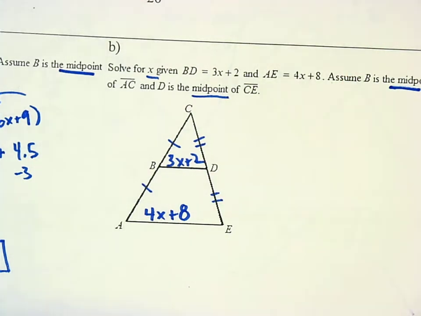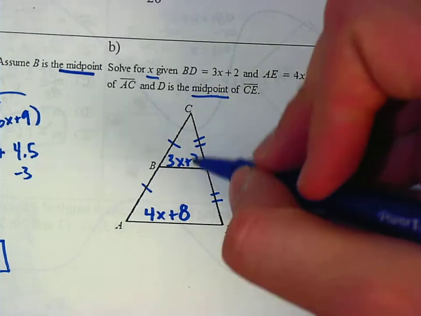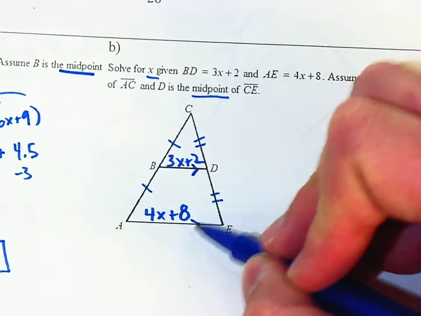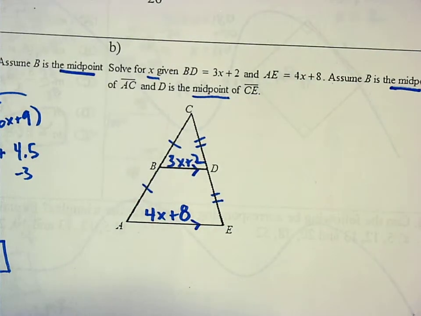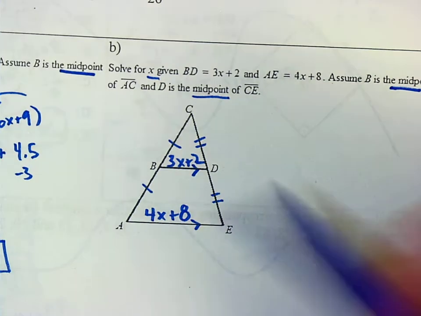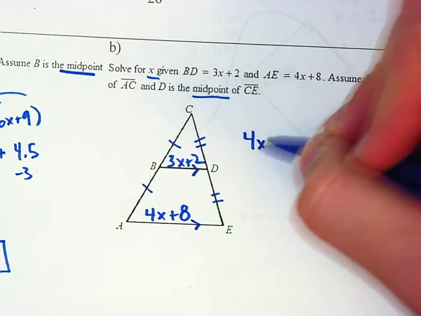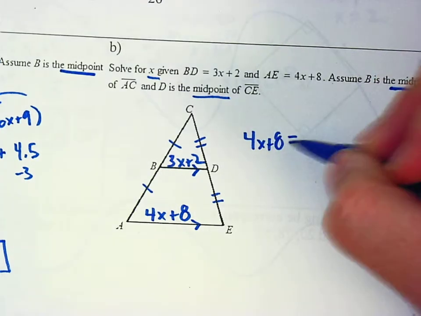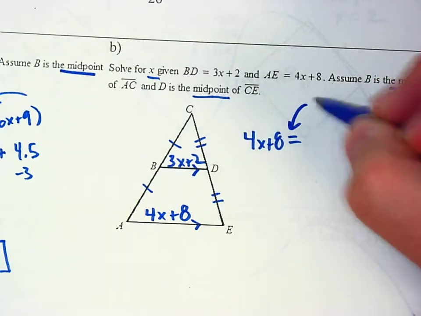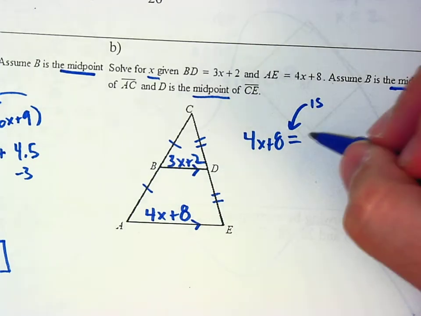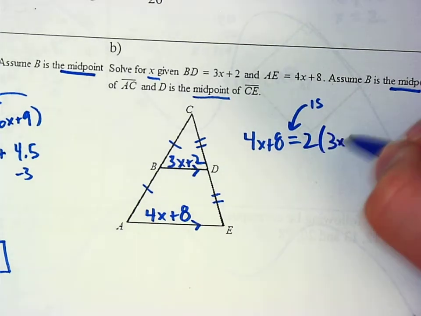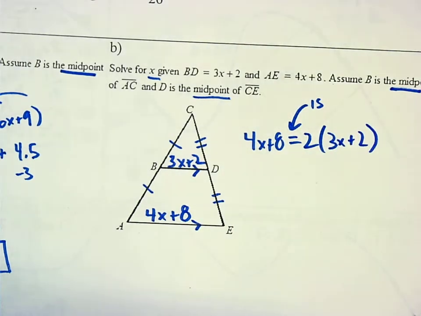And that means that BD is a mid-segment. Again, that means that it is parallel to the remaining side. And by remaining, I mean the side that it doesn't touch. And the remaining side, 4x plus 8, is, remember that this means is, 2 times the length of the short side, which is 3x plus 2.